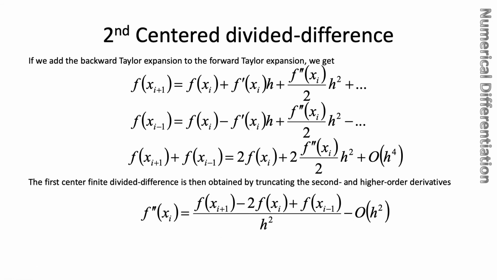The center divided difference utilizes both first forward and first backward divided difference expressions. In this case, you lose the first and the last data points, but the error term is now in the order of the second power of h.